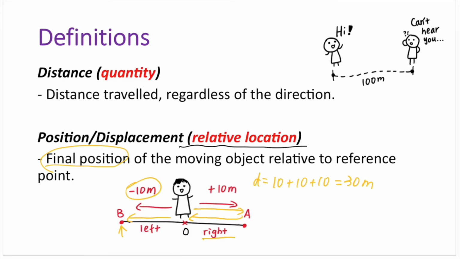We define moving to the right as being positive and moving to the left as being negative. The reason why we define it this way is because it's the same as a number line. If we are starting at point O, then moving to the right, you have all the positive numbers, and moving to the left, you have all the negative numbers. So that's why his displacement or his position will be negative 10 meters.